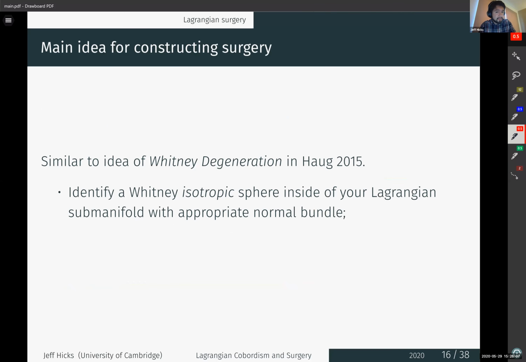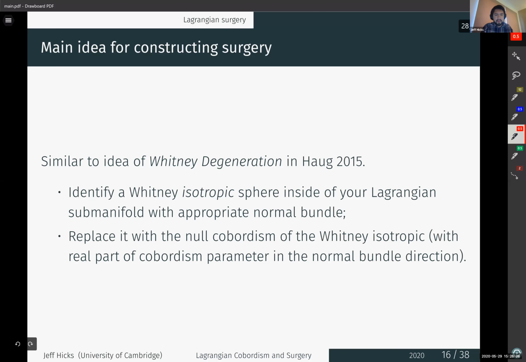Our main idea for constructing our surgeries is going to be very similar to an idea which shows up in a paper of Louis Haug called Whitney degeneration. The strategy is to identify a Whitney isotropic sphere inside of our Lagrangians with some appropriate normal bundle.